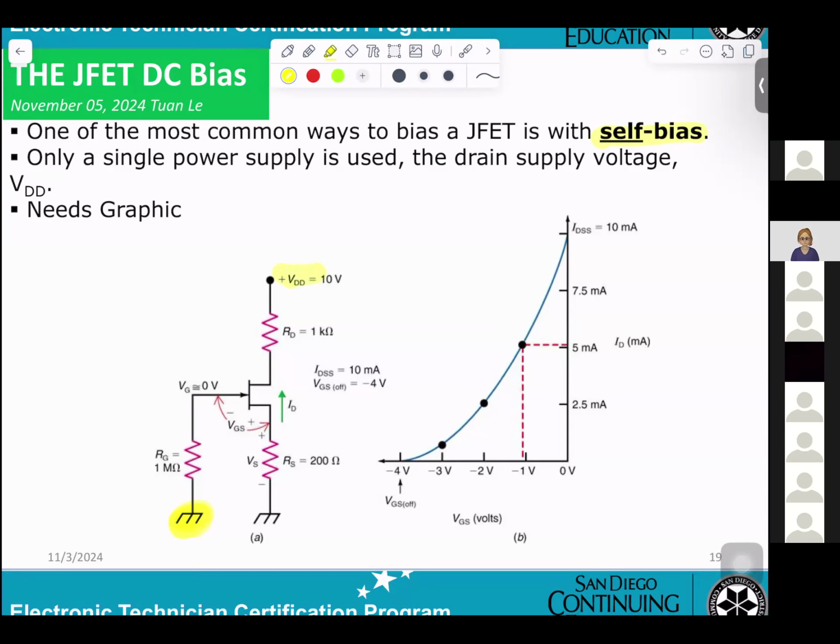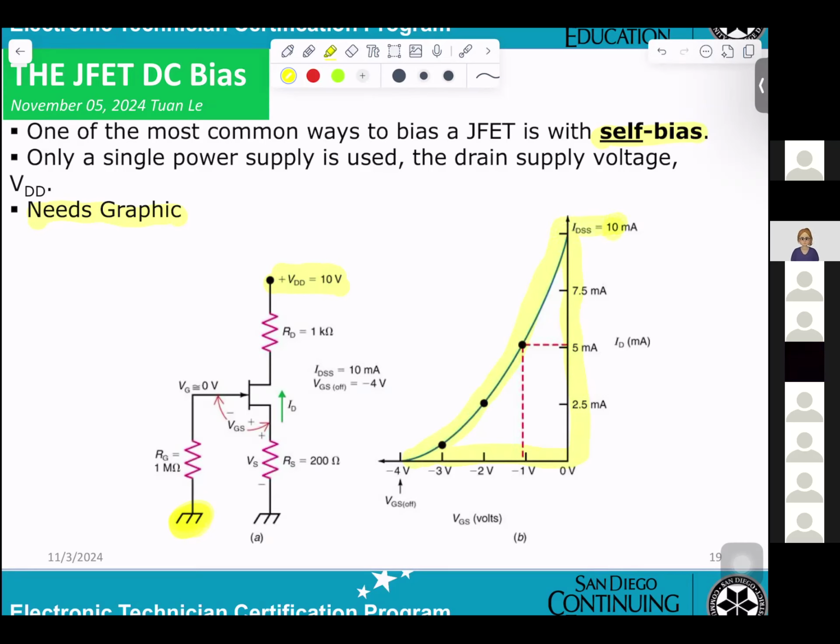That means only in here, the drain supply voltage VDD. And they ask you for a graph. That means for the self-bias, you will be asking for that graph here.